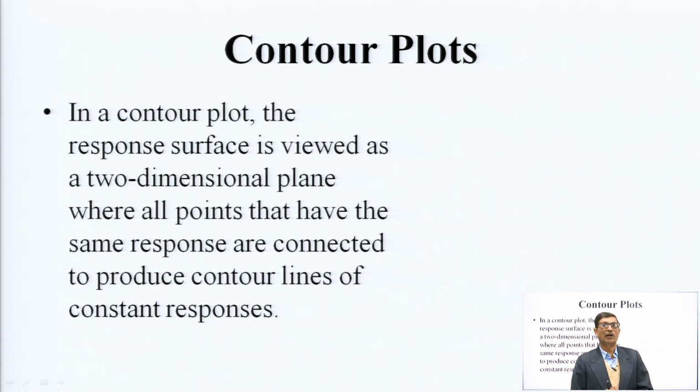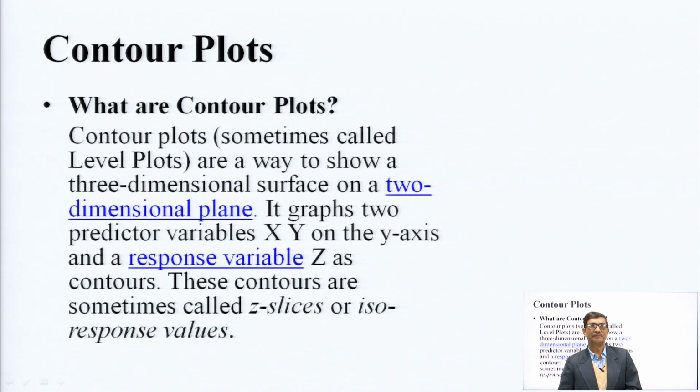So, in a contour plot, the response surface is viewed as a two-dimensional plane and all the points that have the same response are connected to produce contour lines. So, a contour line is formed by the points which have the same response, or you can say constant response.